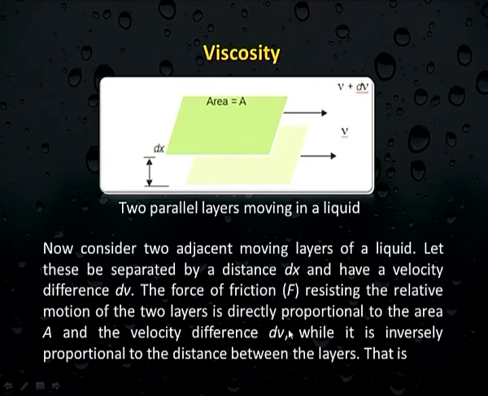Now, the frictional force which is resisting the movement of the layer is directly proportional to this area, that is A, and it is also directly proportional to the velocity difference dV, but it is inversely proportional to the distance between the two layers, that is dx.